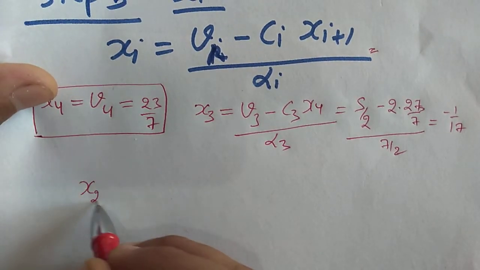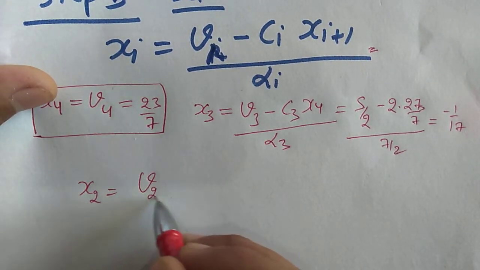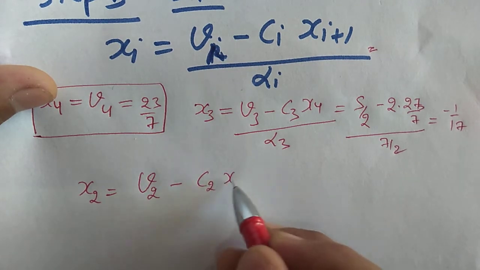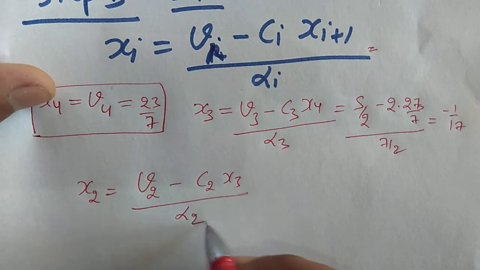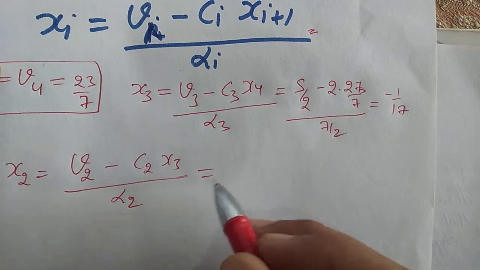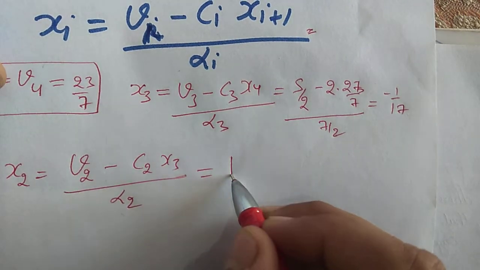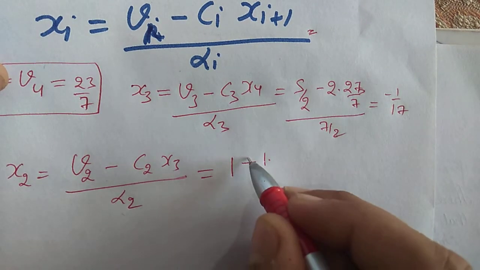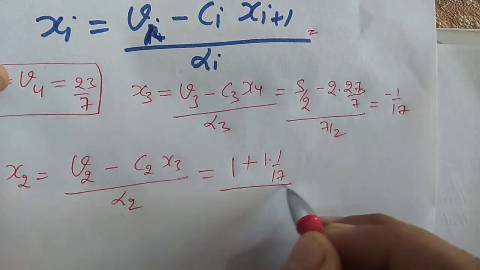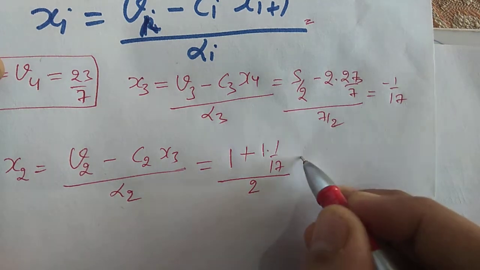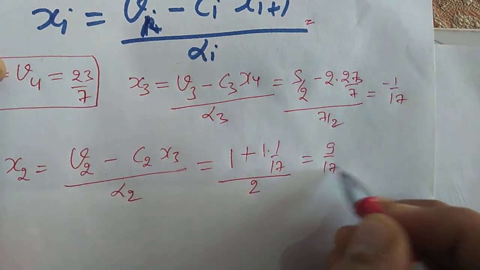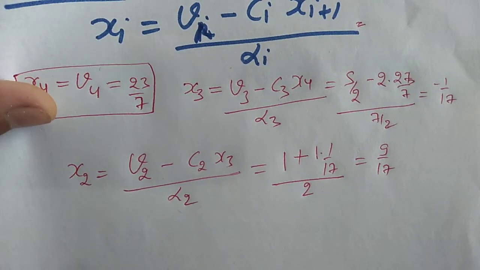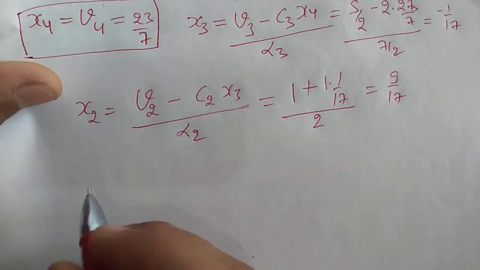Now x2 is V2 minus C2 x3, by alpha 2. So we get x2 as 1 minus C2 equal to 1 and x3 equal to minus 1 by 17. So we get 1 by 17 divided by 2. So this will be equal to 9 by 17. So this is your x2. Now x1.